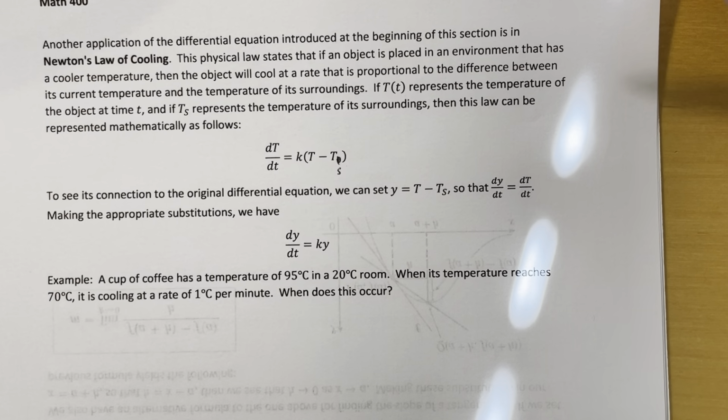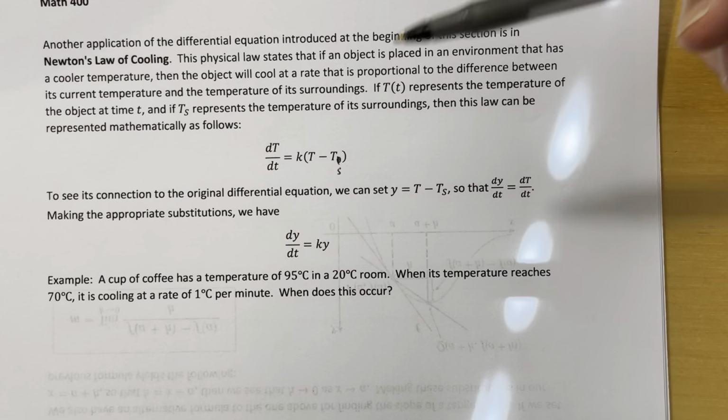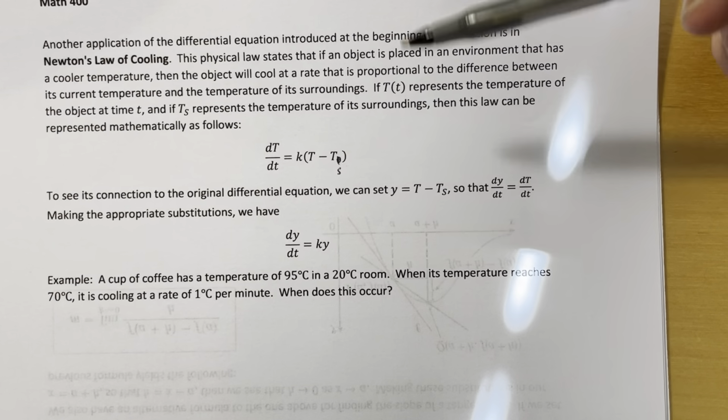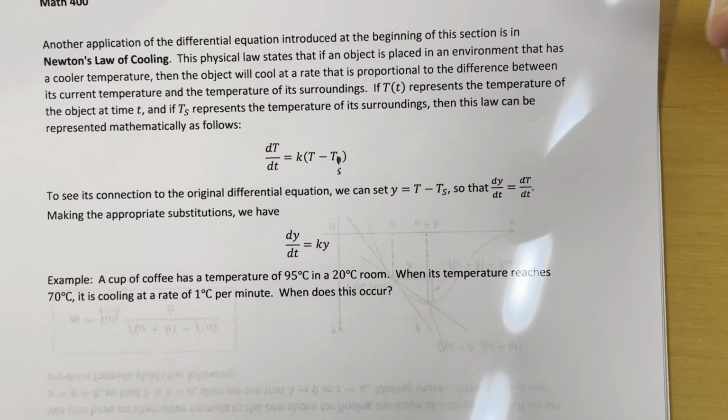So for example, if your cup of coffee is 170 degrees and you place it in a room that's 70 degrees, that's a 100-degree difference between those two temperatures. We're going to call that a big difference. And so the cup of coffee is going to cool relatively quickly at first. But as it cools, its temperature is getting closer to the surrounding temperature, and so the difference between those is going to get smaller. Newton's law of cooling says that that's going to cause the rate of cooling to slow down as the coffee approaches that room temperature. Okay?